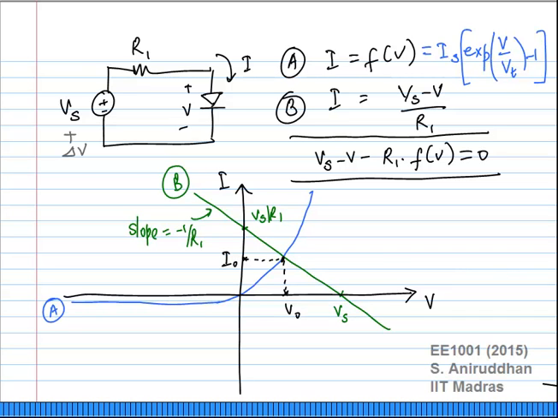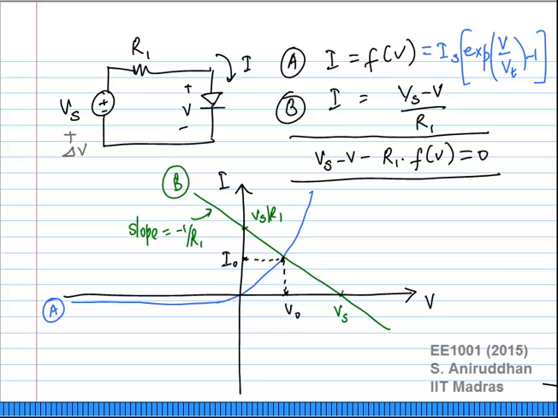Now let us consider a very special case when delta V is extremely small. Can you think of some way to do this? First of all, let's say Vs became Vs plus delta V. Let us see what will happen to the two curves.